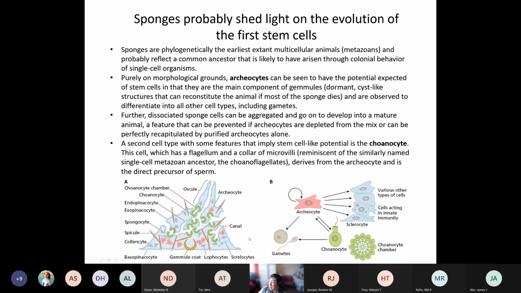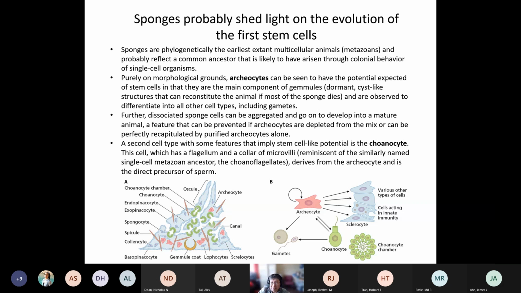So this creature can have sexual reproduction. That means it involves mating. Two individuals, one male, the other female, can mate and then reproduce to have the next offspring. But they can also regenerate through asexual reproduction.